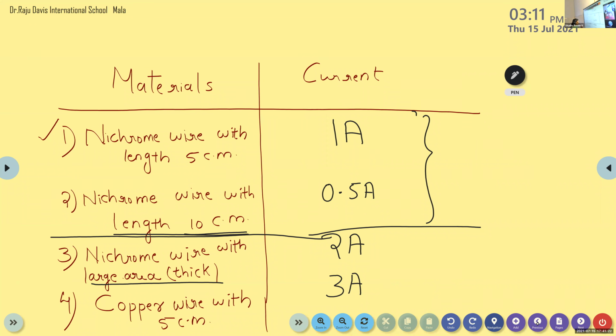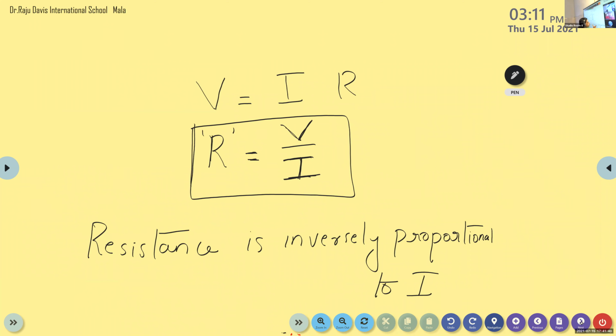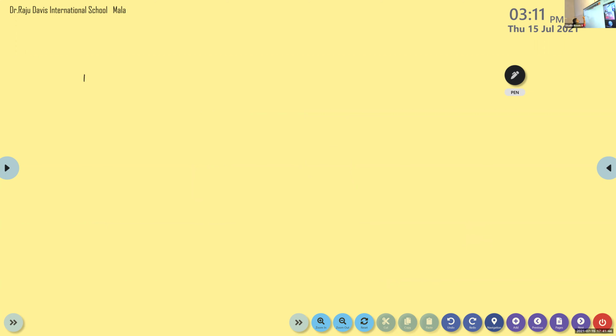So here, whenever the length increases, what happens to the value of current? Decreases. Whenever the length increases, current decreases. Okay, right. So here we can write the conclusion from this observation.